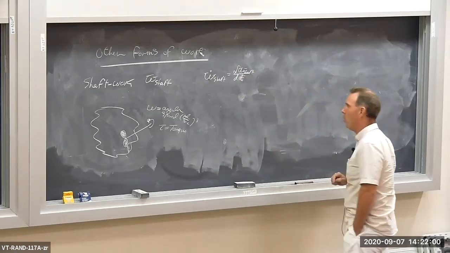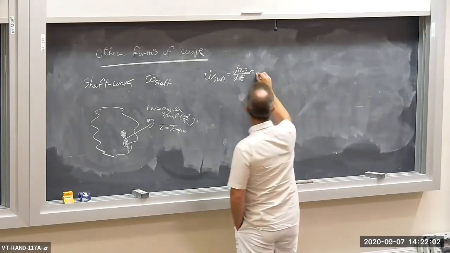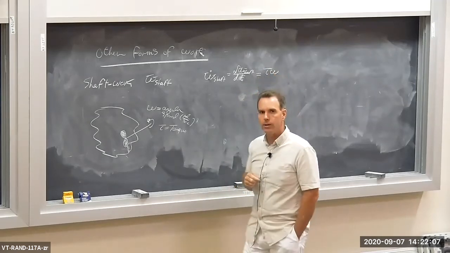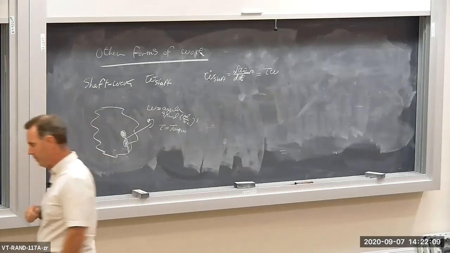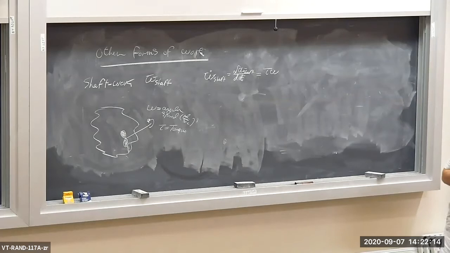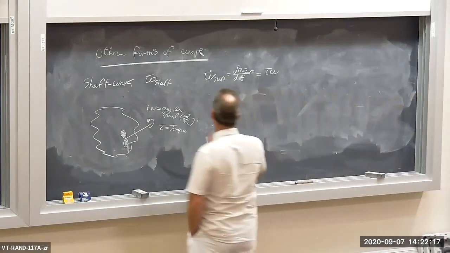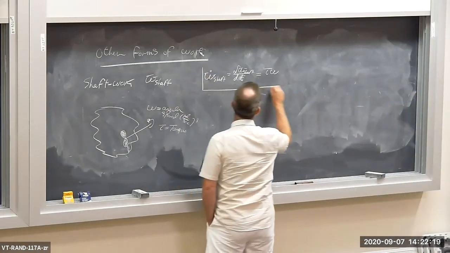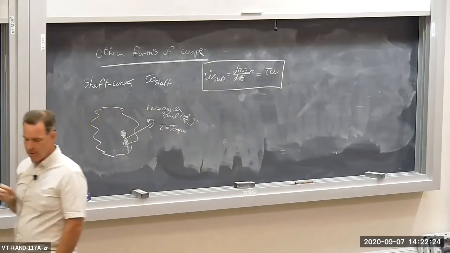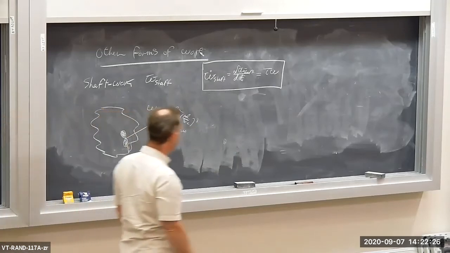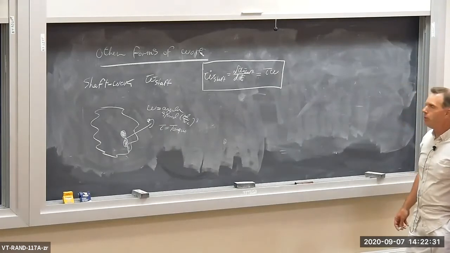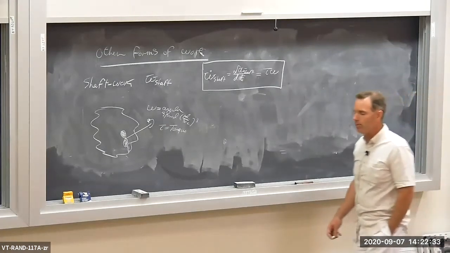Delta shaft work over time is equal to the torque times the angular velocity, tau times omega. You multiply these two things together and you get power. So the shaft power, or shaft work per unit time, done by the system, is equal to the torque times the angular velocity.